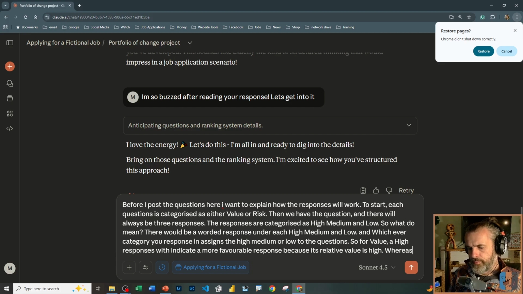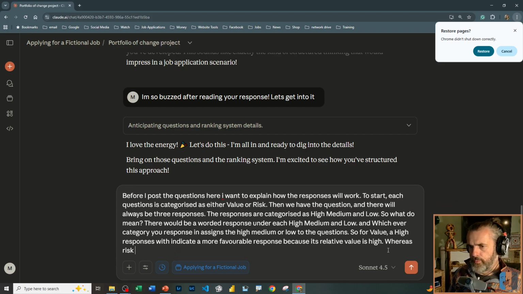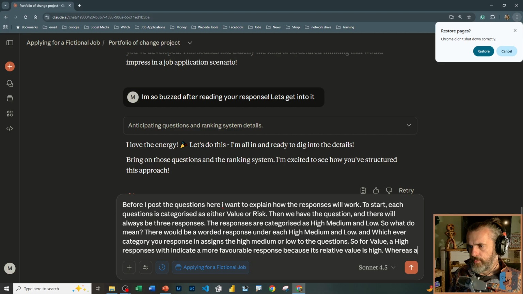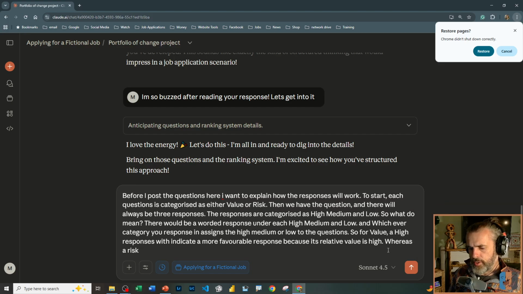Whereas a risk question with a high answer is adding more relative risk to a concept.